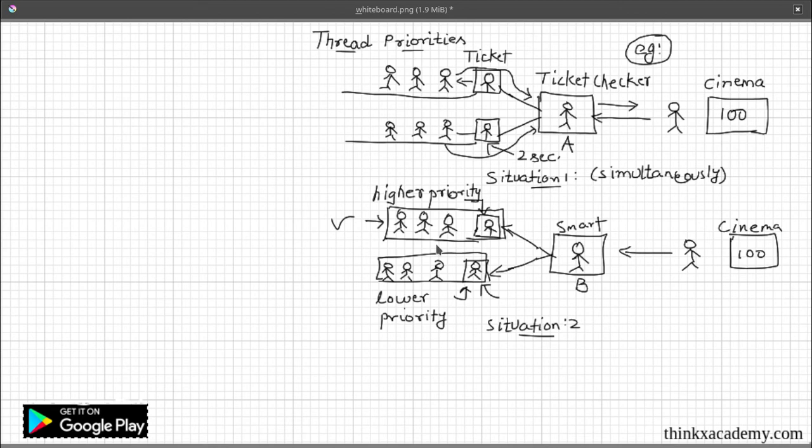So this is actually another situation too, where these 2 counters are not working simultaneously.